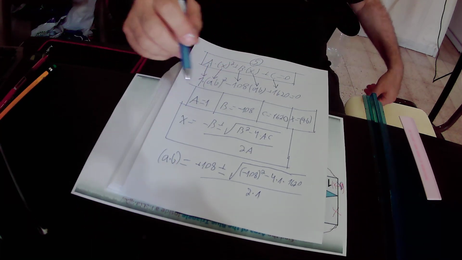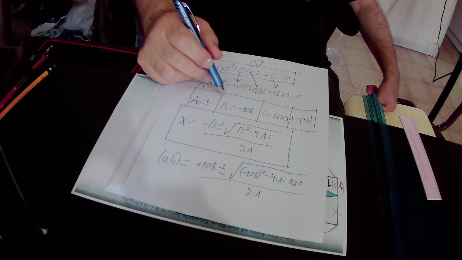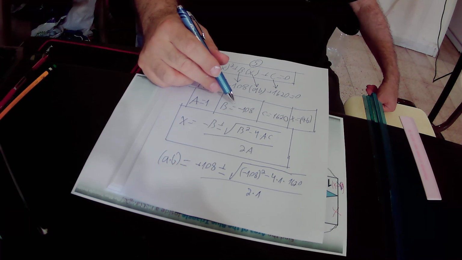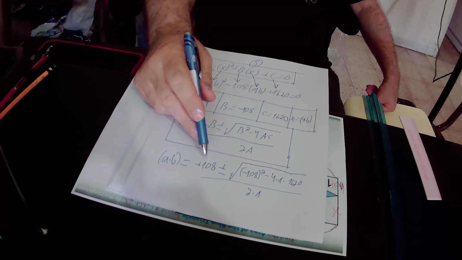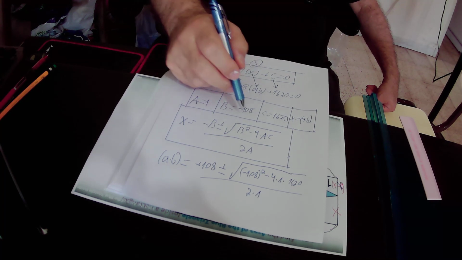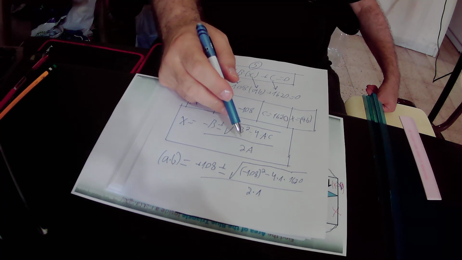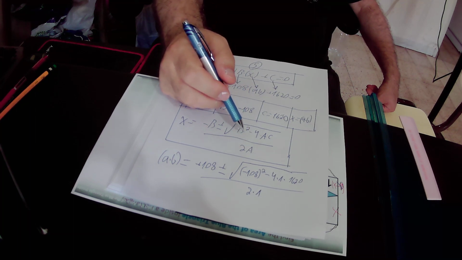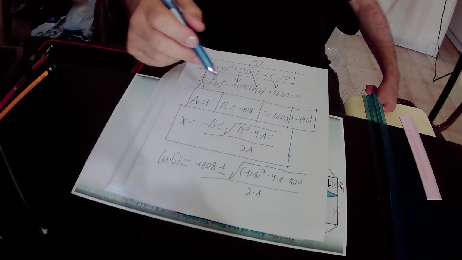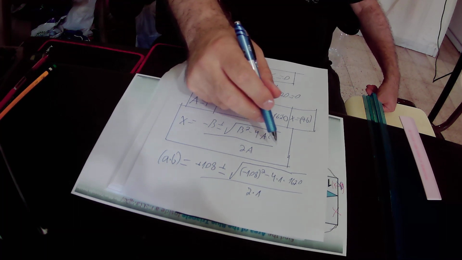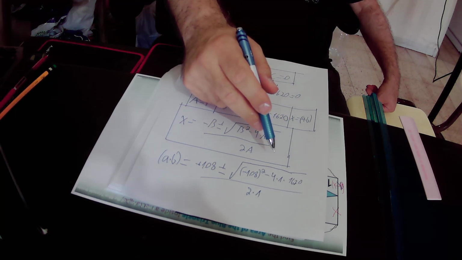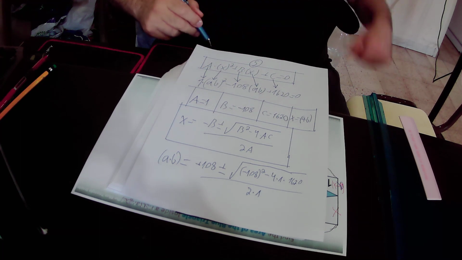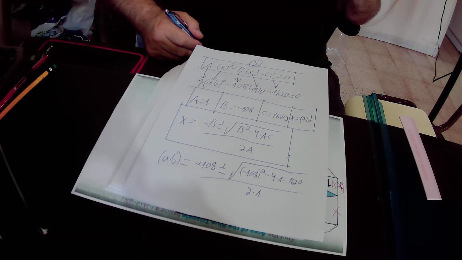I will show you again. b equals negative 108, so minus b is minus negative 108, that is plus 108, plus minus the root of b squared, which is negative 108 squared, minus 4 times 1 times 1620. So now we will do the calculations.